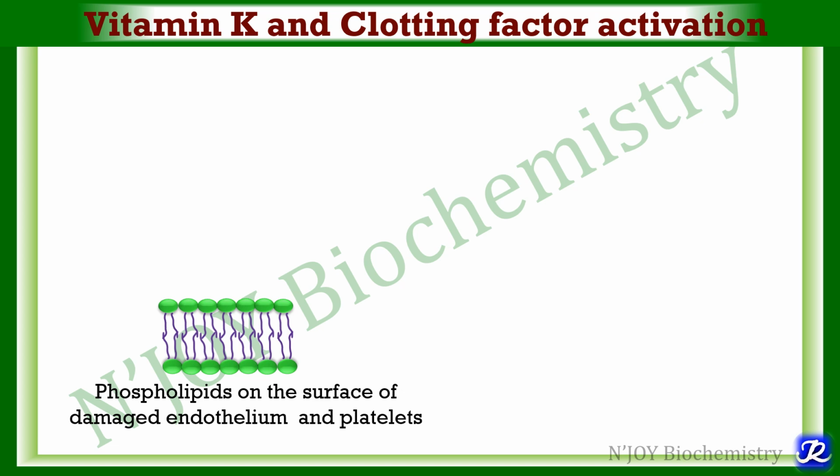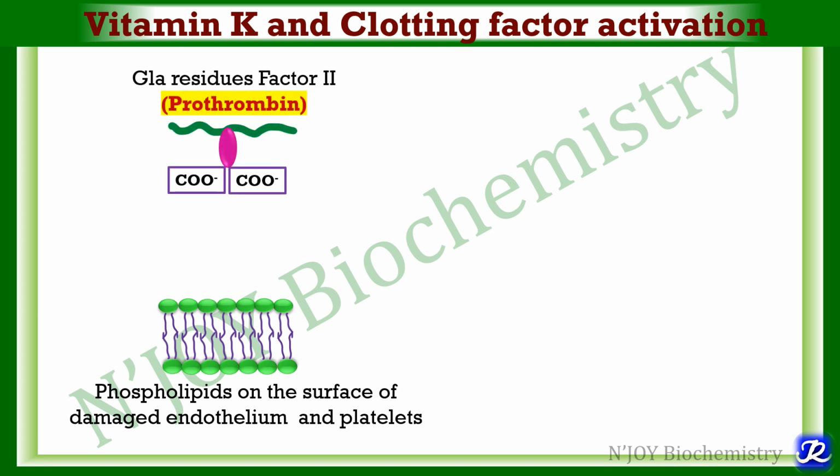Now let's see how the activation of clotting factors leads to blood coagulation, and this process is most clearly understood for factor 2, that is prothrombin. Each gamma carboxyglutamate residue of the clotting factor prothrombin contains two negative charges, two carboxylic groups, and these two carboxylic groups chelate with the positively charged calcium ion to form the prothrombin calcium complex.